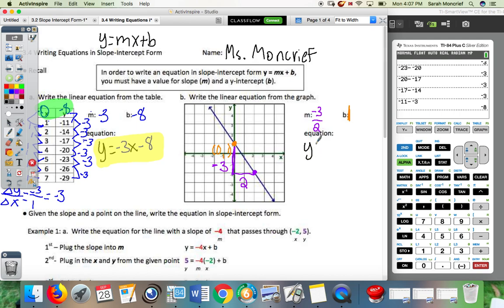So I have y is equal to negative 3 over 2 x plus 1. And that is my answer. Y is equal to negative 3 over 2x plus 1. And we know that it is negative because it is going down.